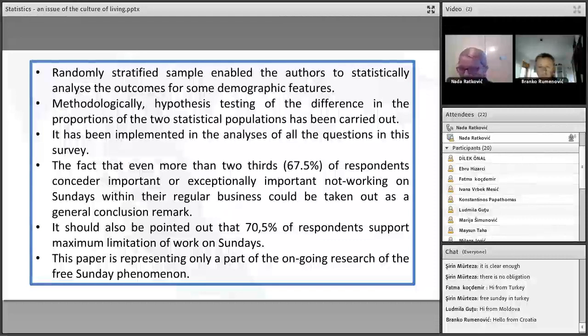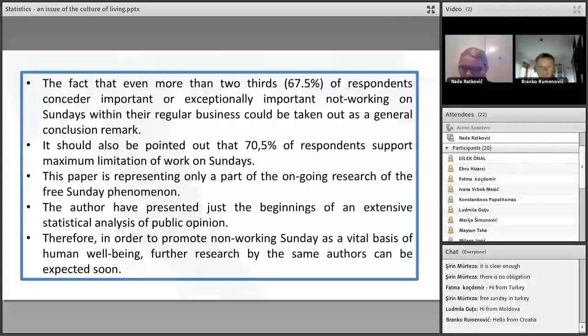So this paper is only a part of ongoing research of the free Sunday phenomenon. The fact that more than two-thirds of respondents consider it important not to work on Sundays with their regular business could not be taken as a general conclusion.